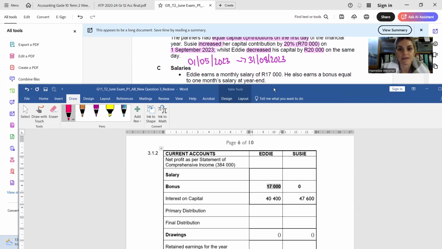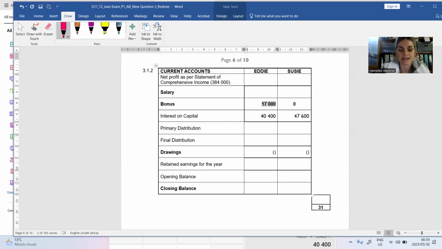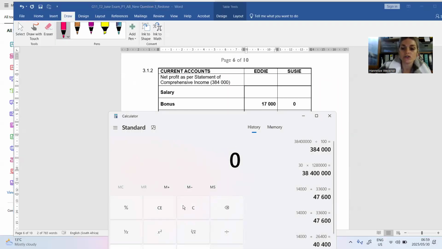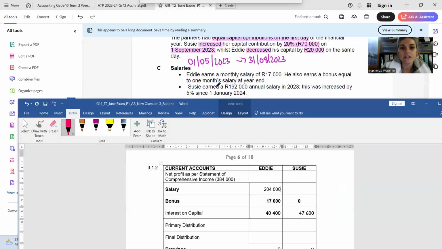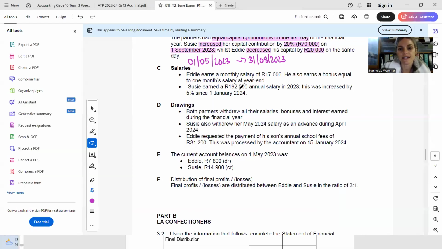You just have to remember that we are doing the financial statements for a year. So you can't have a monthly salary in your note. You need to multiply that by 12 to get his annual salary. Okay. Then Susie earned 192,000 Rand per annum in 2023 as a salary. This was increased by 5% since the 1st of Jan 2024.